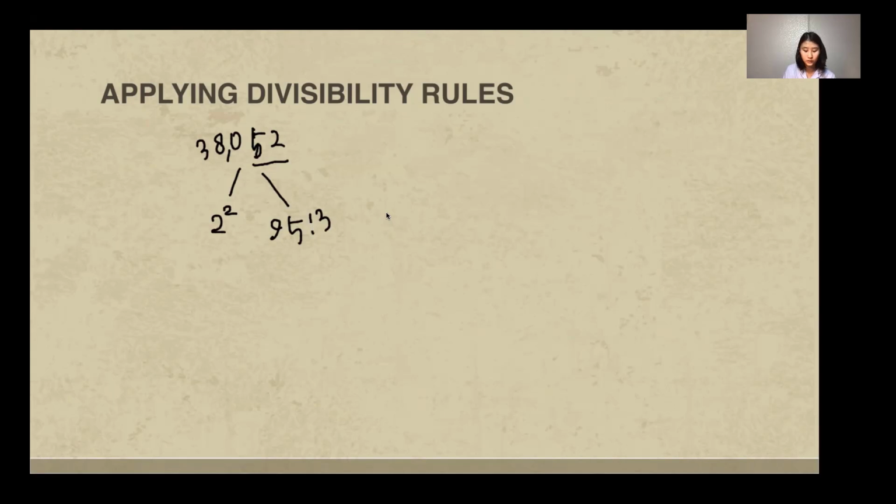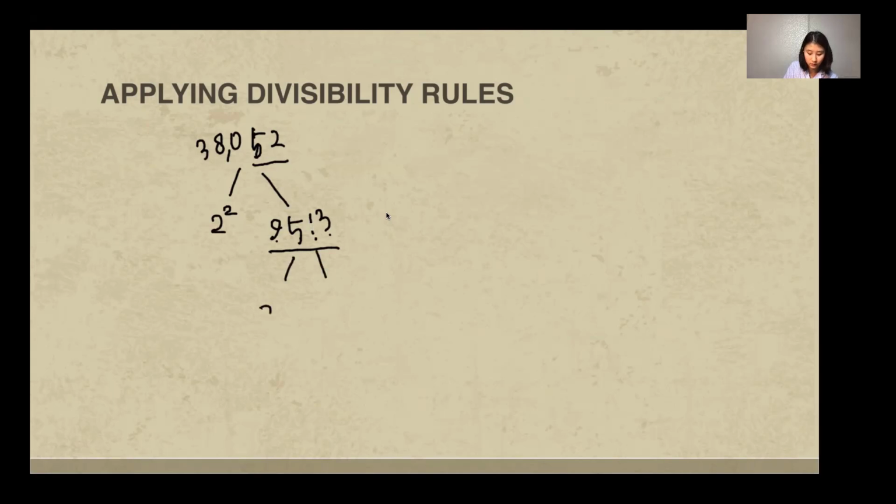9,513. Now we're going to keep going down with the divisibility rules, and we can see that this number is divisible by 9. It's a multiple of 9 because if we add all of these digits together, we get a number that is divisible by 9.